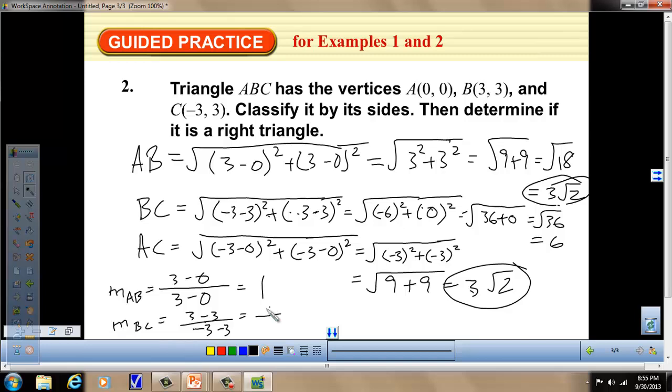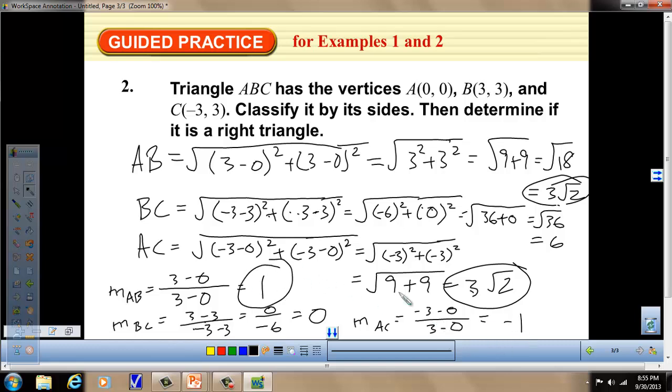That gives me 0 over negative 6, which gives me 0. And then for AC, we've got negative 3 minus 0 and 3 minus 0. That gives me a negative 3 over 3, which is negative 1.